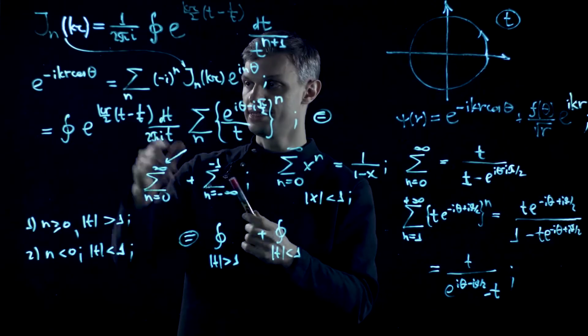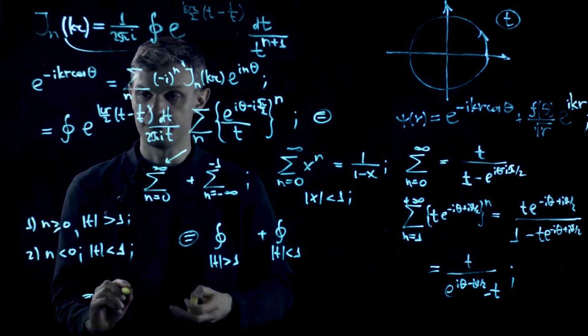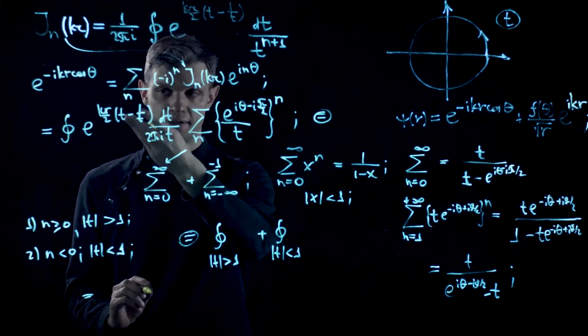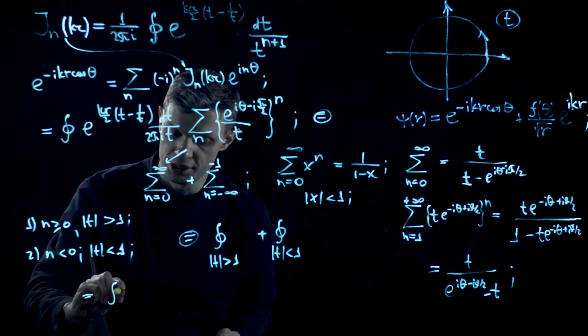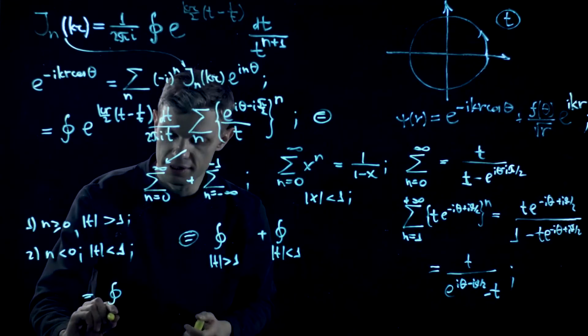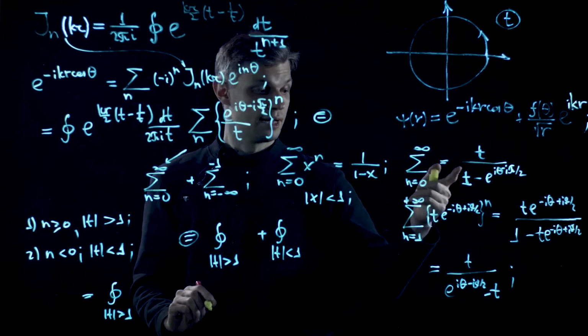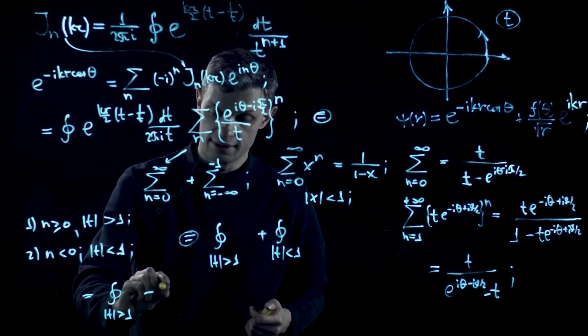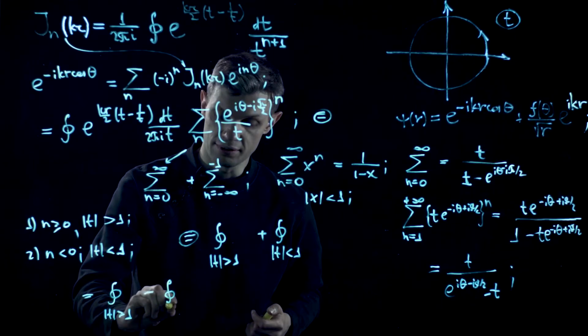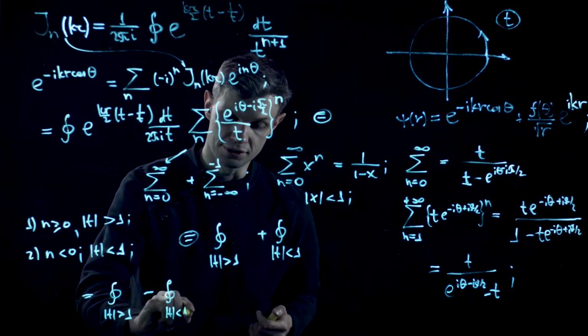So we can interpret the total expression as the integral taken along the largest circle minus the integral taken along the smallest circle.